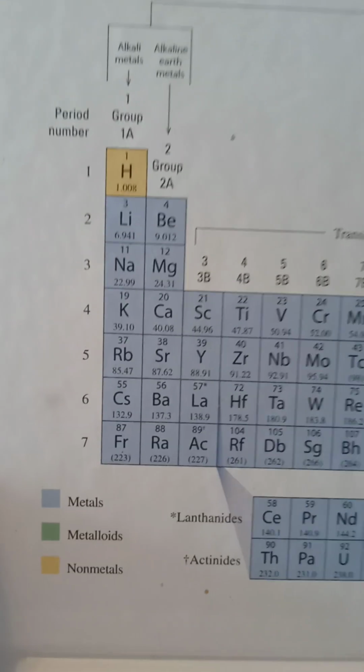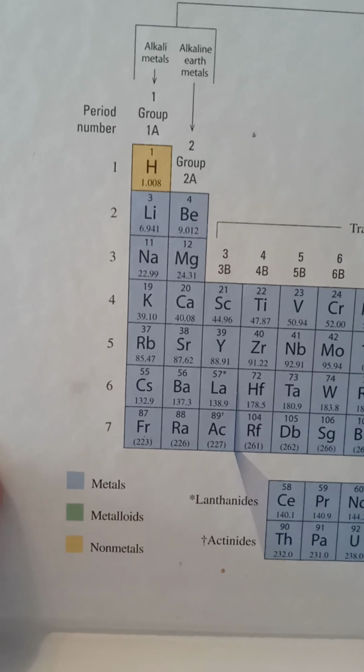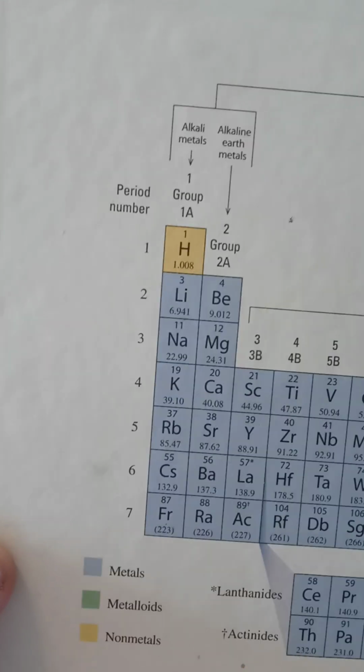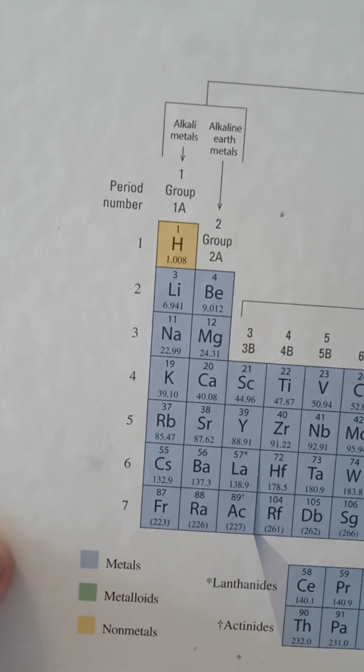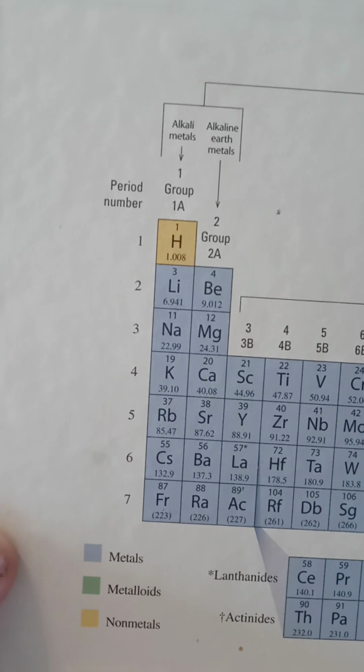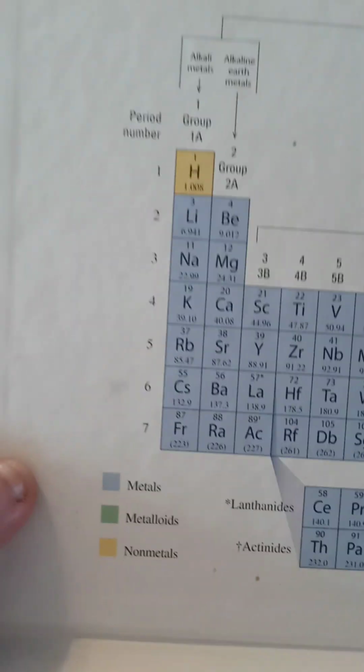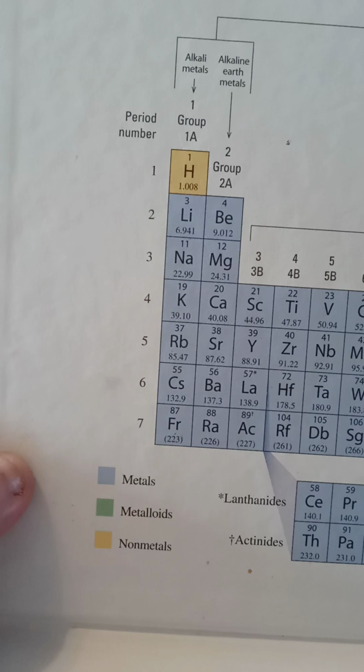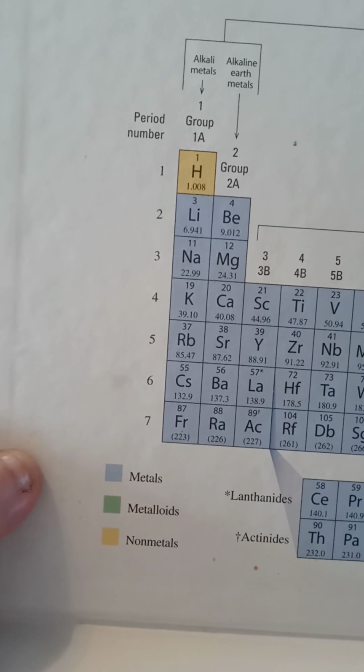And that's how you know it. And then you see the numbers on top of the hydrogen. You see number 1 on top of the H. Then you see number 3 on top of the L and the small i. Number 11 on top of the capital Na.